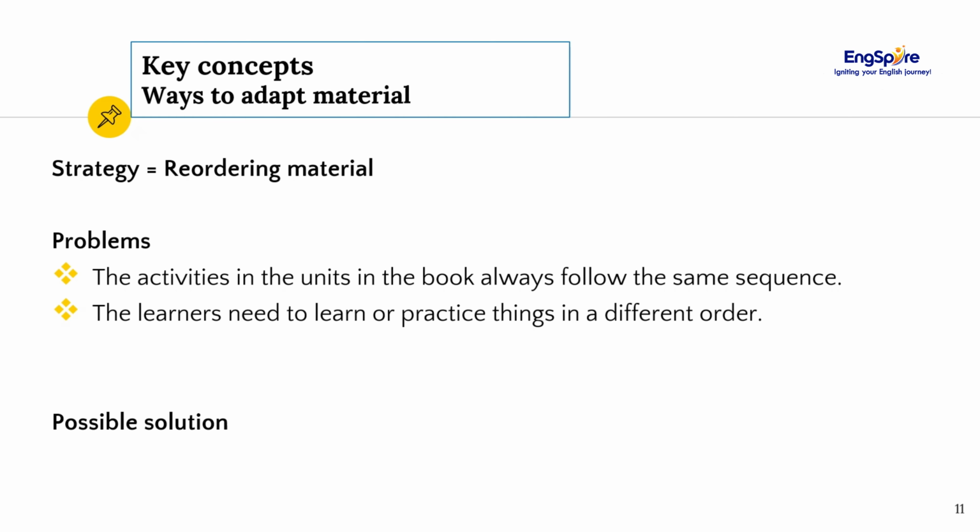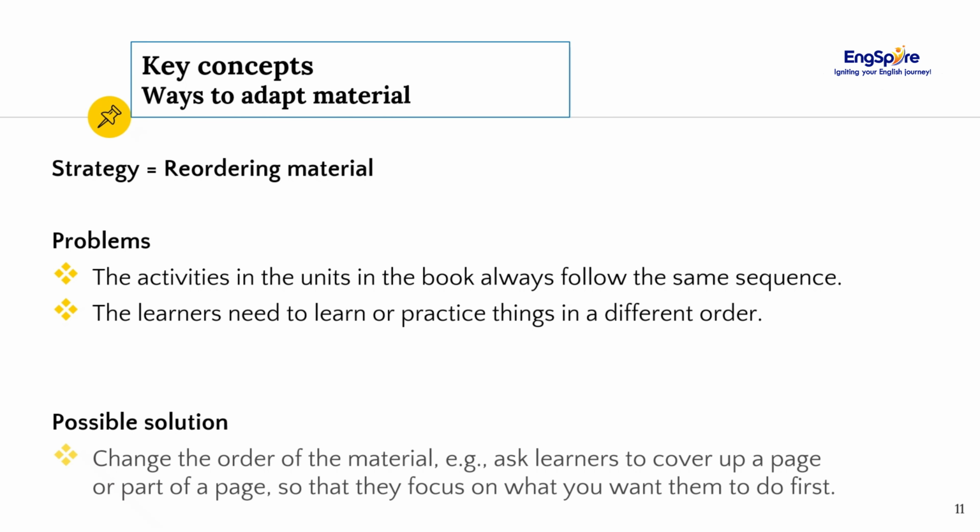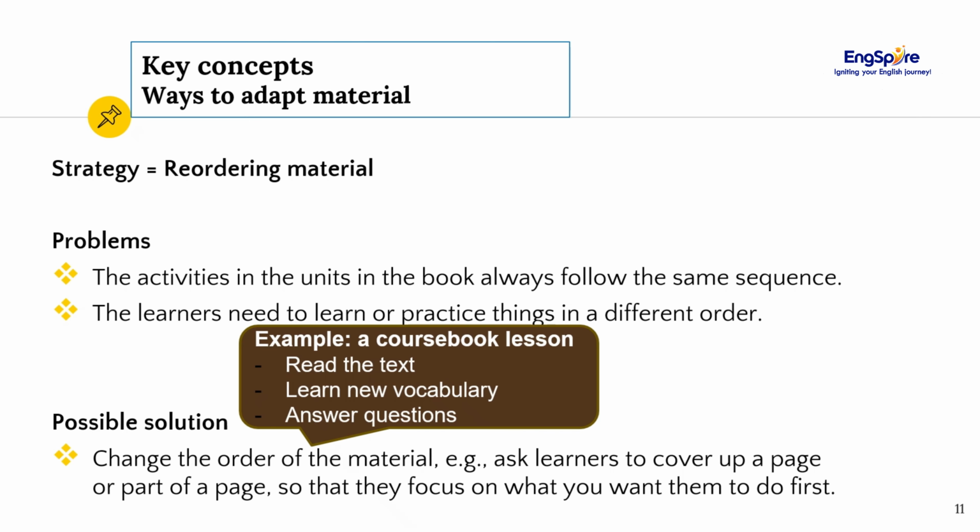The fifth strategy is reordering material. Sometimes the problem is not the content, but the order in which activities appear. Coursebooks often follow a fixed sequence, but your learners may benefit from a different order. The solution is simply to change the sequence. For example, a coursebook lesson might follow this order: read the text, learn new vocabulary, answer questions.